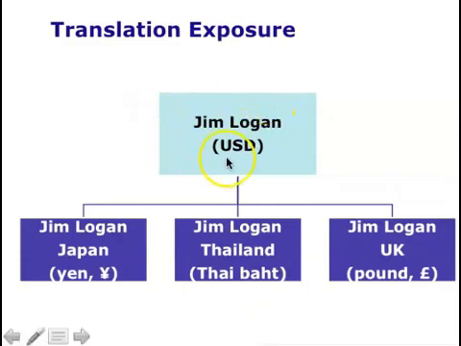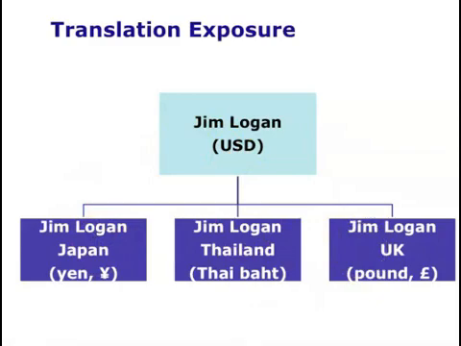So assume that Jim Logan, this company is a US based company, a multinational corporation, and the company has 3 foreign subsidiaries in Japan, in Thailand, and also in the UK.